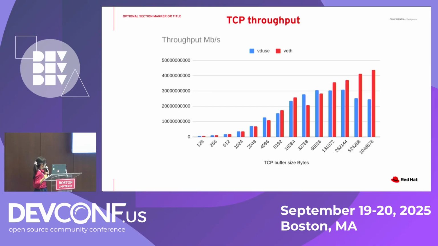As we can see, for small and medium packet sizes, VDUSE is on par or even better than veth. But for large packet sizes, VDUSE reaches a plateau, while veth is still scaling up as the packet size increases. So that's where we can see a gap for some packet sizes.